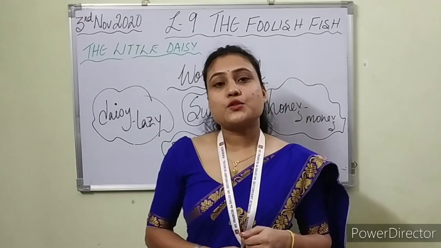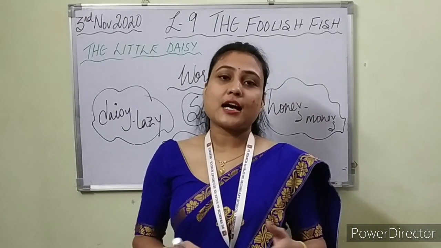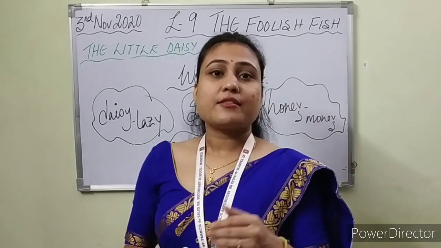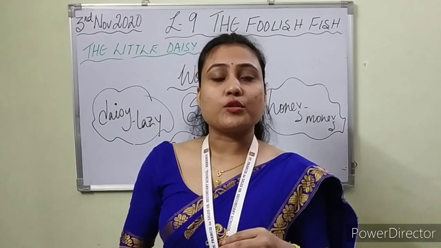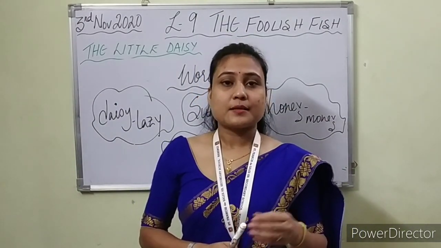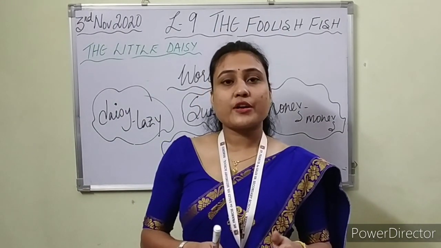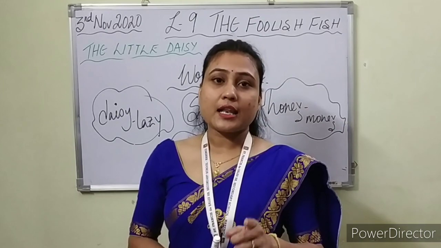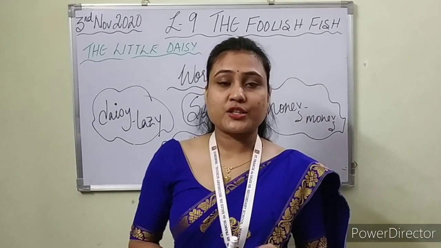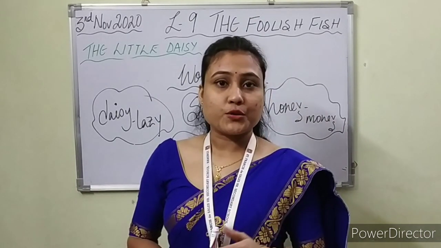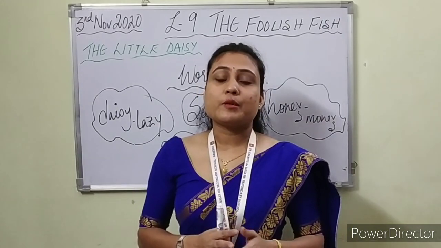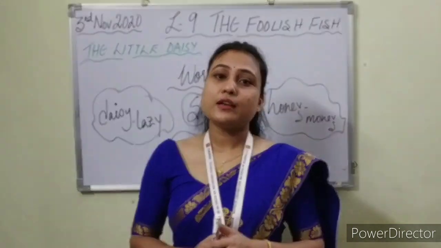So my dear students, let's start our new class and the new objective. Today's objective of lesson number 9, The Foolish Fish, is to read aloud with proper pronunciation and modulation. We'll be starting with the reading portion.